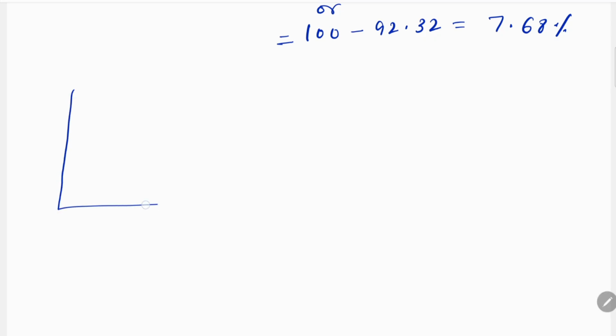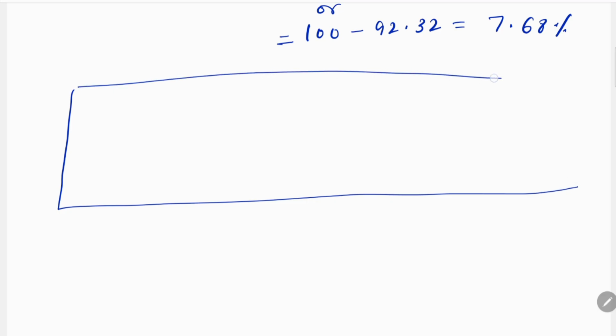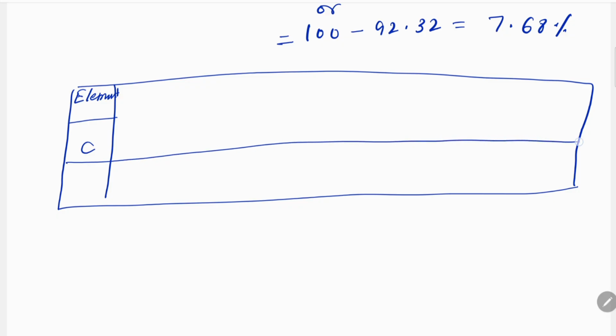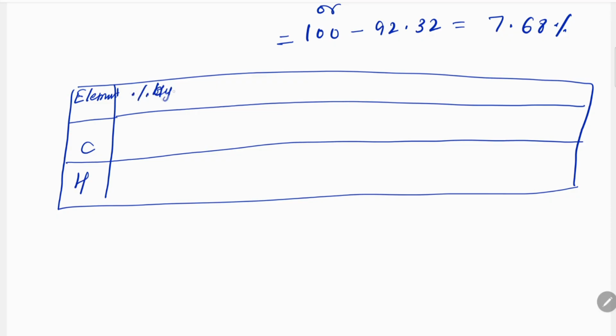You can draw a table like this, where elements are given. The elements are carbon and hydrogen. First is the percentage by mass: we have been given 92.32 and 7.68.